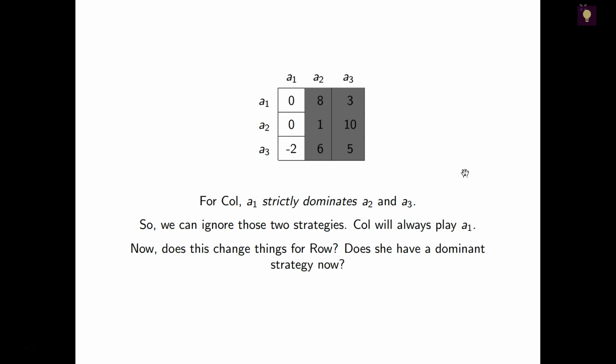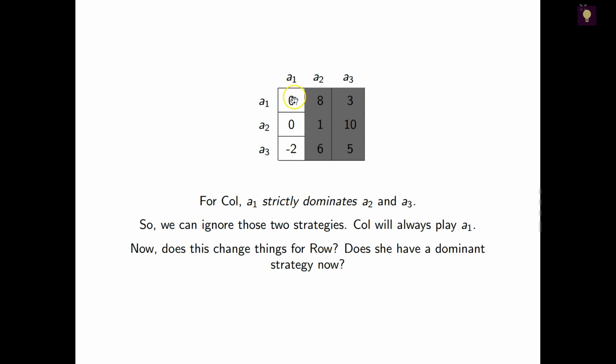And call knows this, and row knows this about call. Player 1 knows this about player 2 because they know that player 2 is rational and isn't going to play any dominated strategies. So call will always play A1. Does this change things for row? Does row have a dominant strategy now?